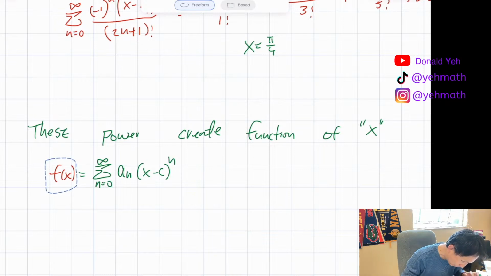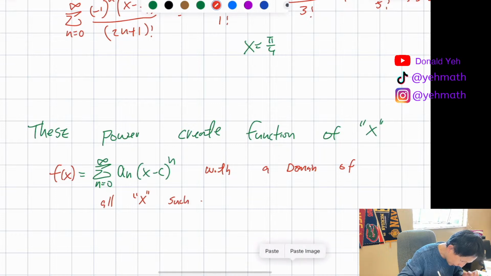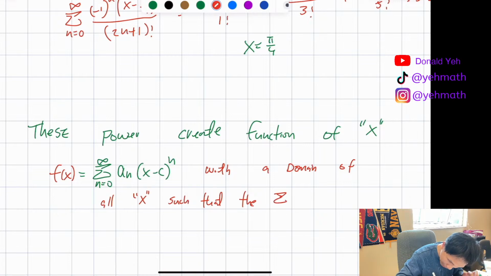Now, with a particular domain of all x such that the summation of a to the n, x minus c to the n converges.